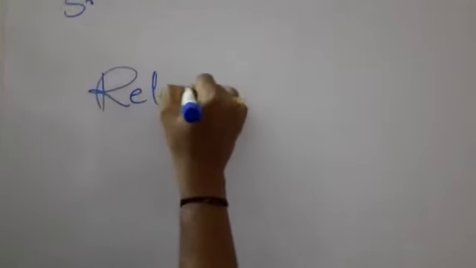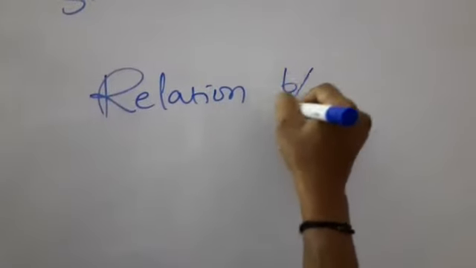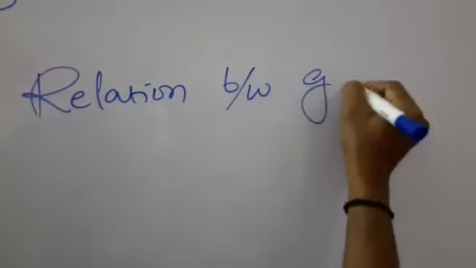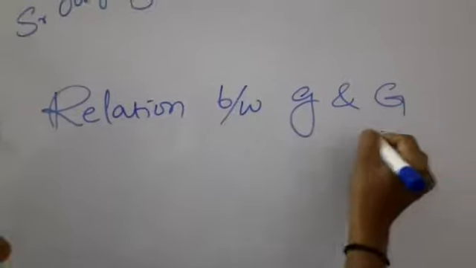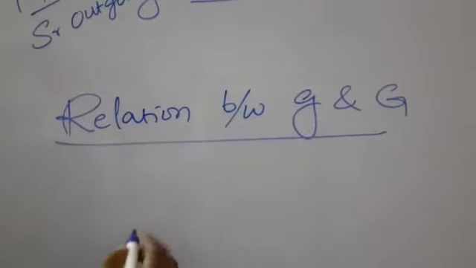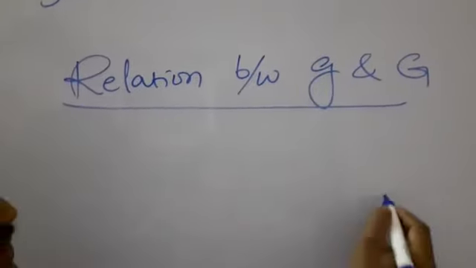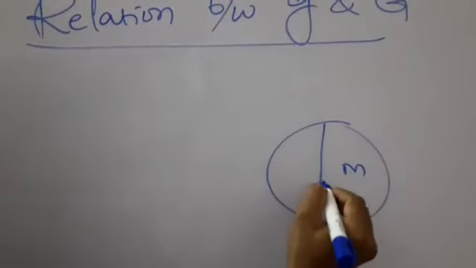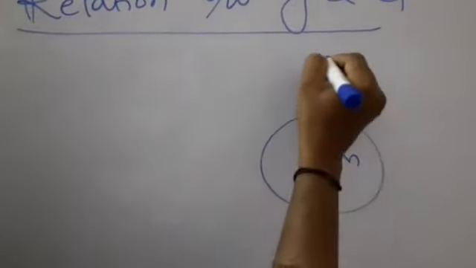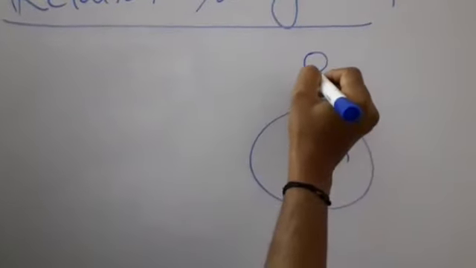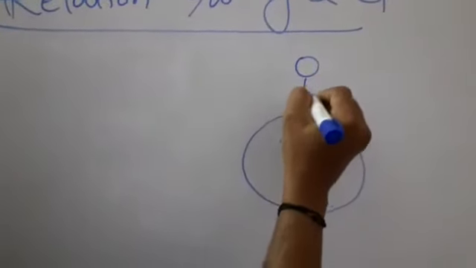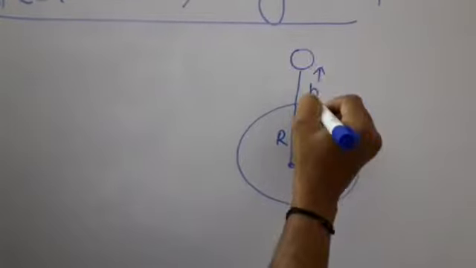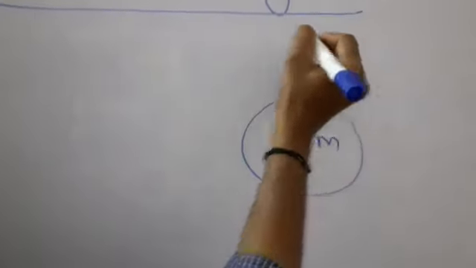Relation between small g, acceleration due to gravity, and the gravitational constant. For example, we can consider the earth, with mass capital M and radius capital R. We can consider an object of mass m on the surface of the earth, with height negligible.